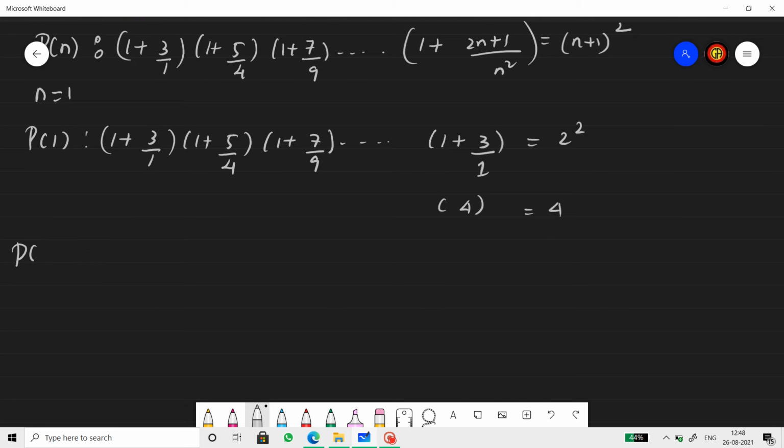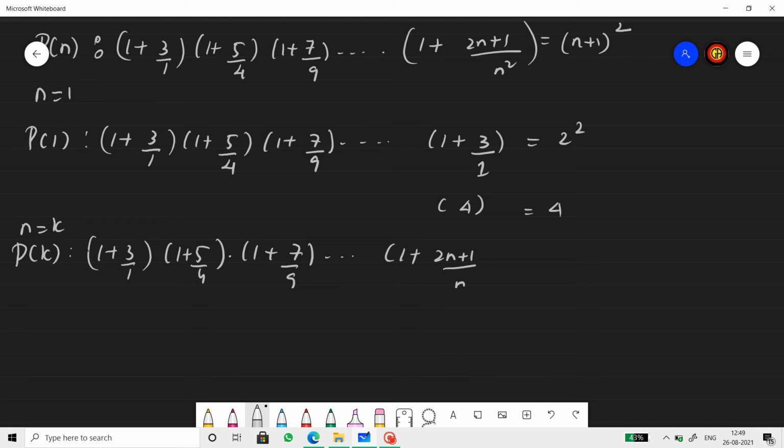Now let's go for P(k), which means we assume n equal to k. So we get (1 + 3/1) × (1 + 5/4) × (1 + 7/9), and so on, the last term is (1 + (2n+1)/n²).